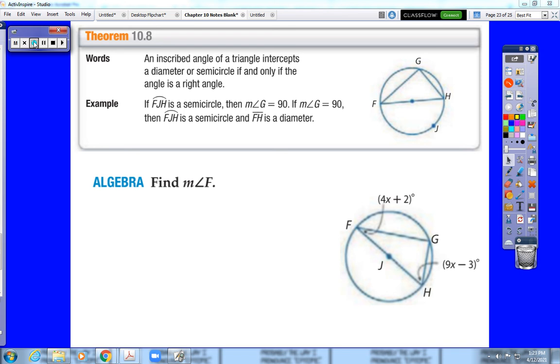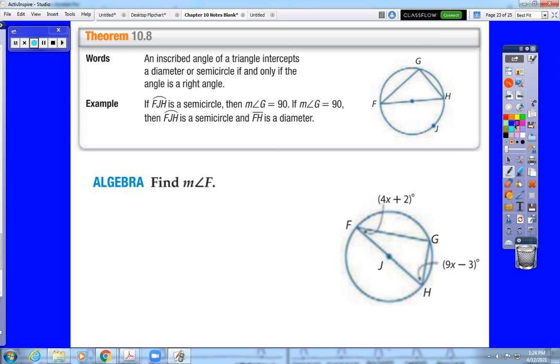FJH, that arc, is a semicircle, yes? And it is being intercepted by angle FGH, which is an inscribed angle, yes? FGH is an inscribed angle. If it's an inscribed angle, its measure is equal to exactly half of the arc that it intercepts, right?